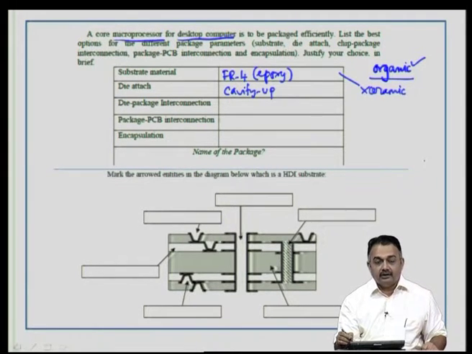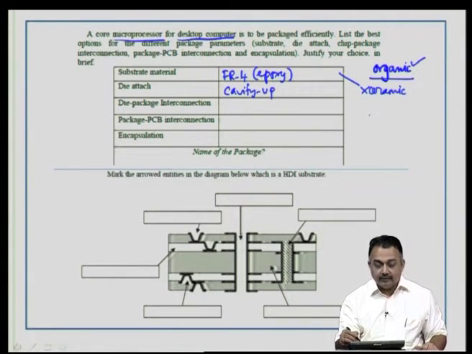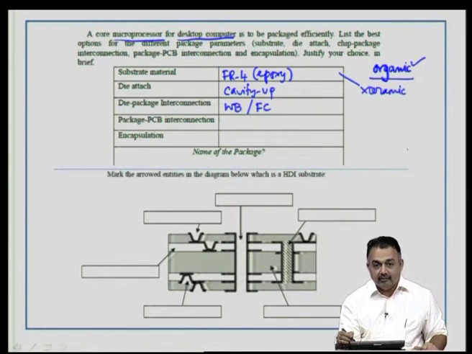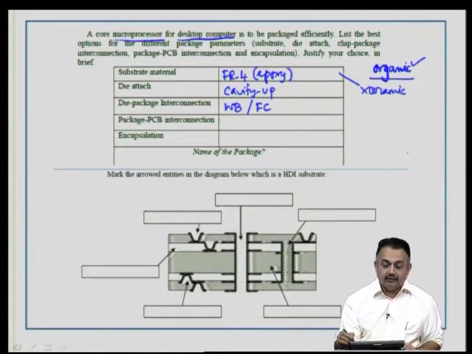Die to package interconnection. Now, there are different options for this. The first thing that you will think that it will be cheap is a wire bond. The other one could be a flip chip. You do not want to use TAB, because TAB will not give you the number of IOs that you require.